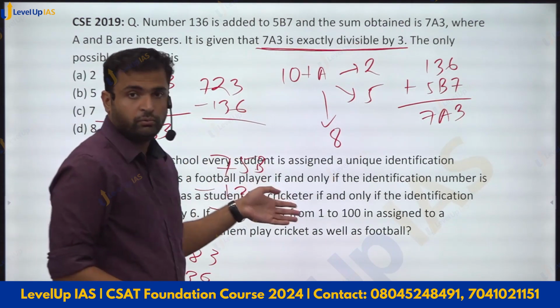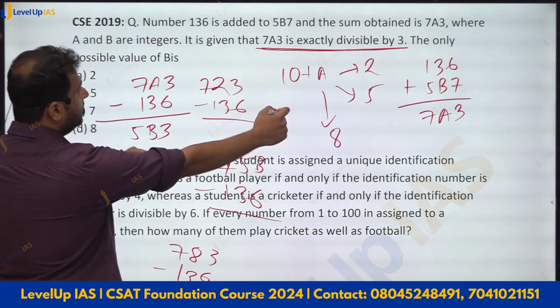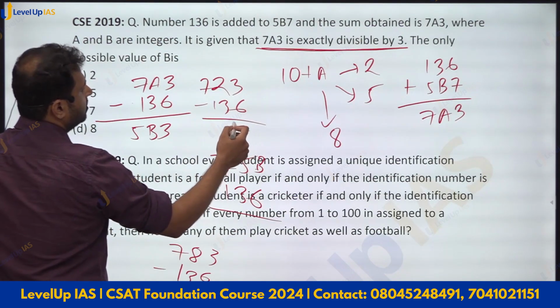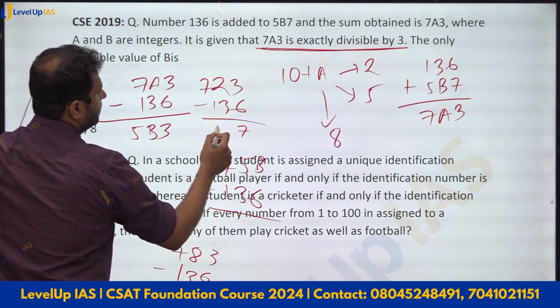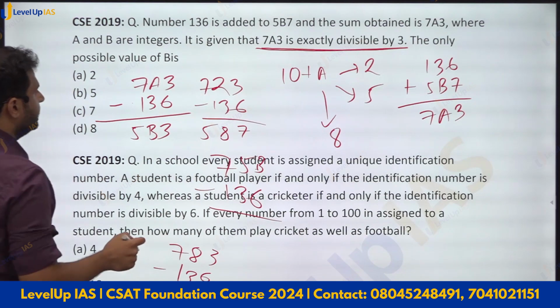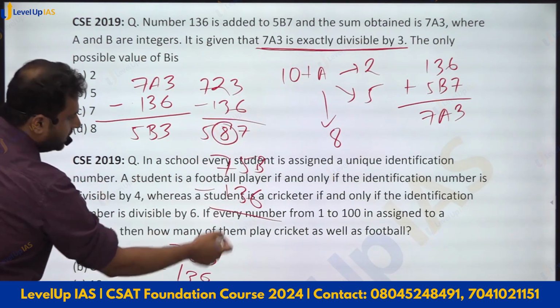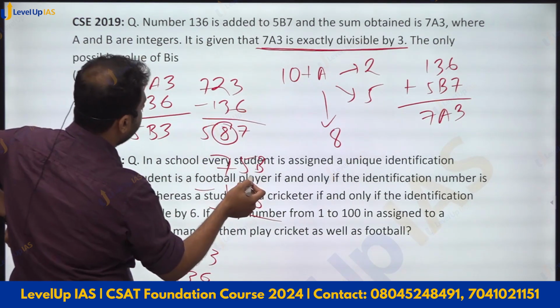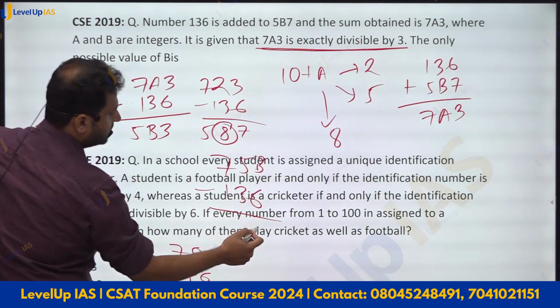And if we subtract, what do we get here? 587. So B is 5 here.